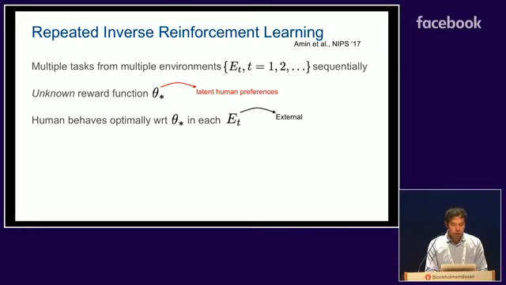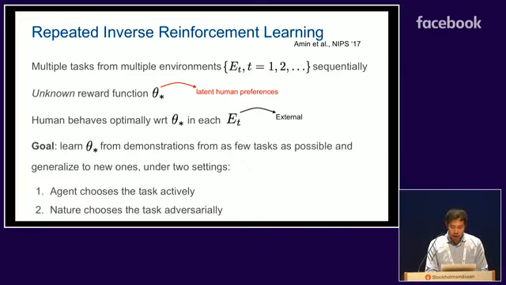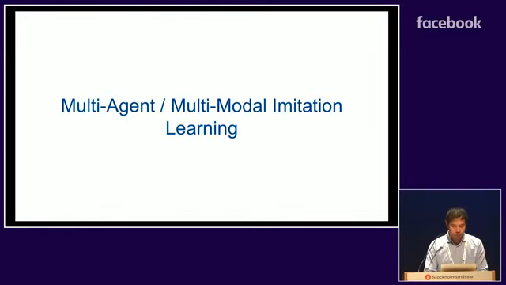And the authors consider two different settings: one where the agent can choose to learn the task actively, which is the easiest setting, or the more difficult setting where nature can reveal the task adversarially. So this is the problem that the paper discussed.